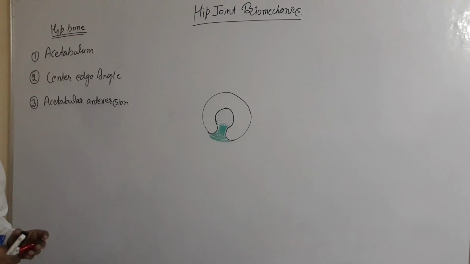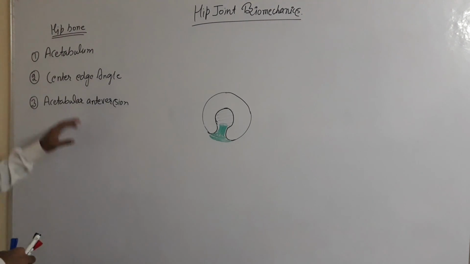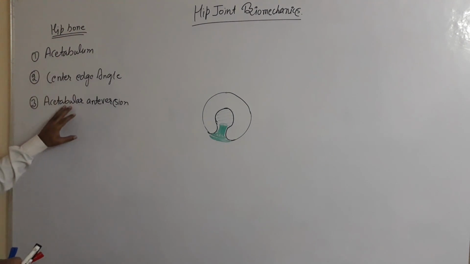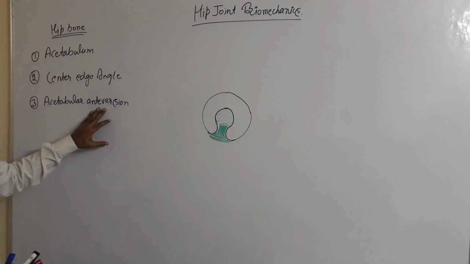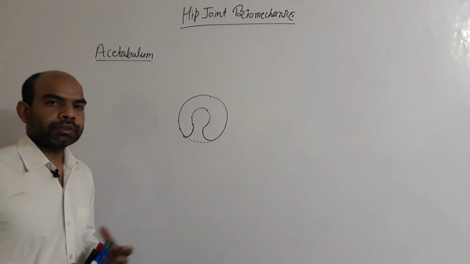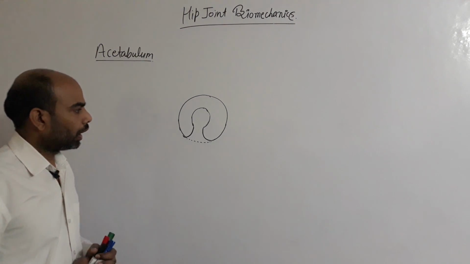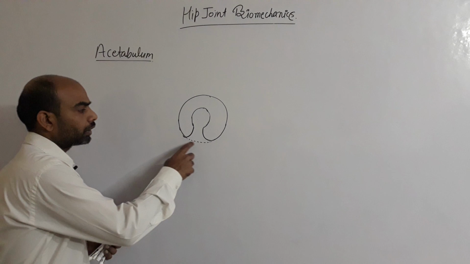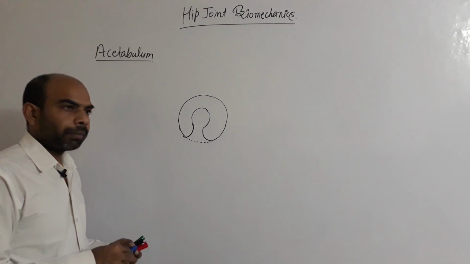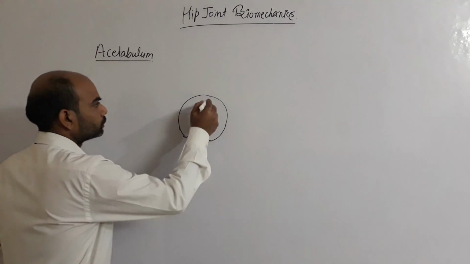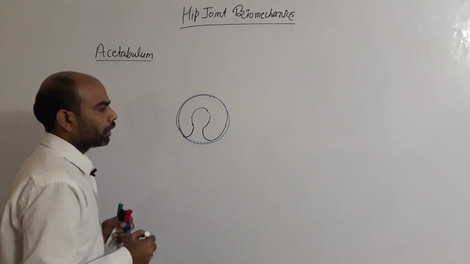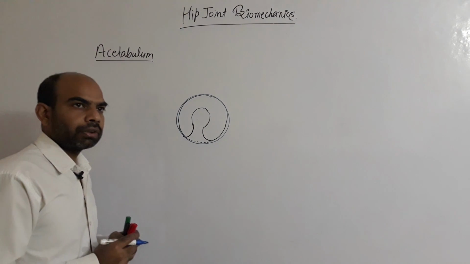Now move on to the acetabulum. From the biomechanical point of view, in the hip bone we will discuss the acetabulum, the center edge angle and the acetabular anteversion angle. The acetabulum is a deep semi-hemispherical cup-like structure, and the rim of the acetabulum is incomplete in its inferior part. The acetabular labrum is a cartilaginous ring covering the acetabular rim.